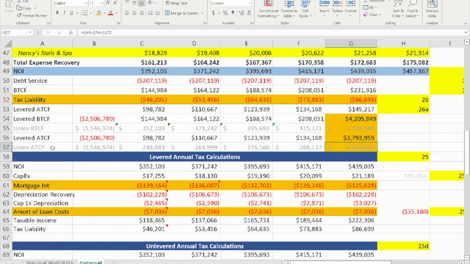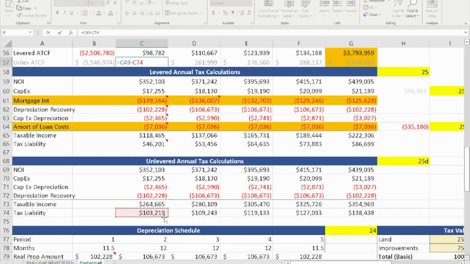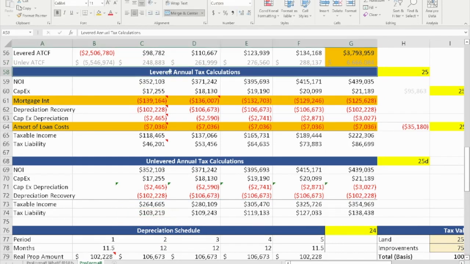Now, for unlevered after tax cash flow, we're going to start the same way. It's going to be the NOI minus the tax liability, which is the $103,000 that we calculated in the unlevered annual tax calculation. If you do that, you should be able to drag it across for years 2 through 5.